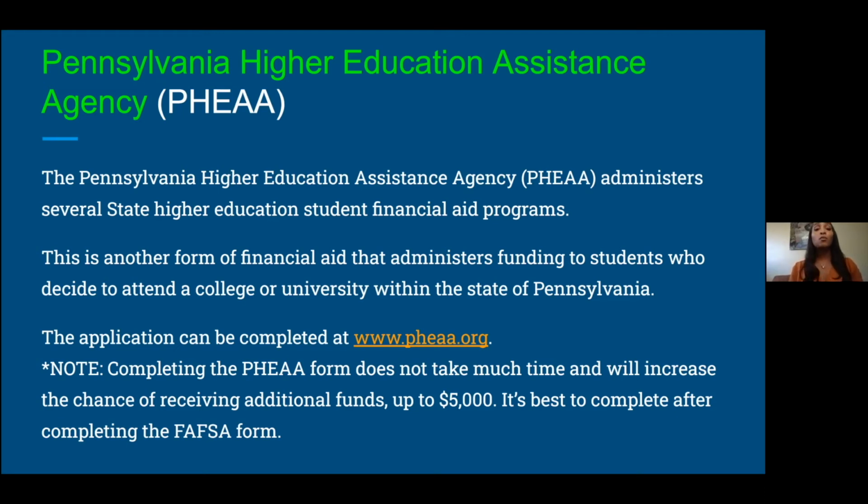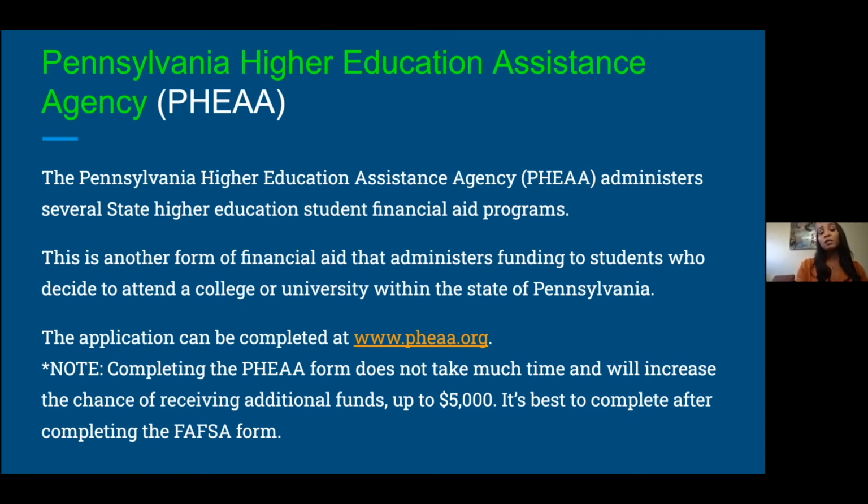So you definitely want to make sure that you fill out this FAFSA application immediately after you finish filling out the FAFSA application, okay? In order for you to access this application, you can go to FAFSA.org. And the great thing is that once you're finished with the FAFSA application, FAFSA will actually take you right to FAFSA. They have a page that will direct you to fill out that application.